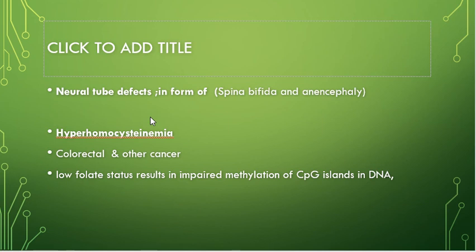There is also evidence that low folate status results in impaired methylation of the CpG islands in the DNA, which is a factor in the development of colorectal and other cancers.